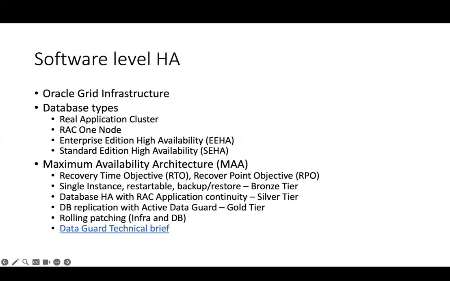If we just need to patch the disks, then we do it in a rolling fashion, but that doesn't mean one node will go down and restart, and then we continue the patching and reboot the other node in a rolling fashion. Disk rolling patching means disk-level rolling patching.